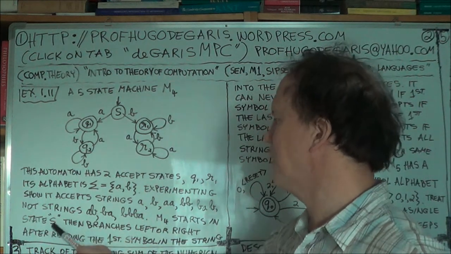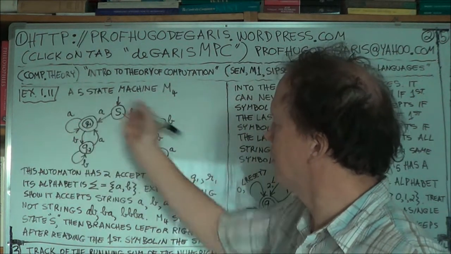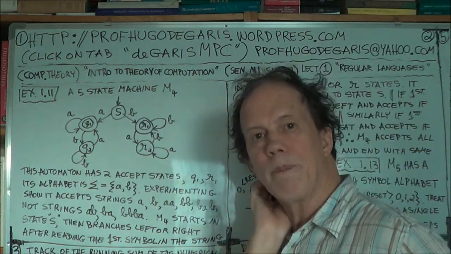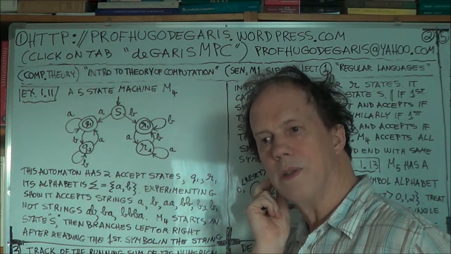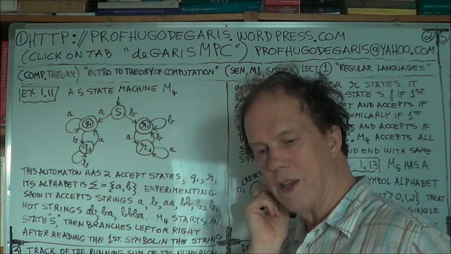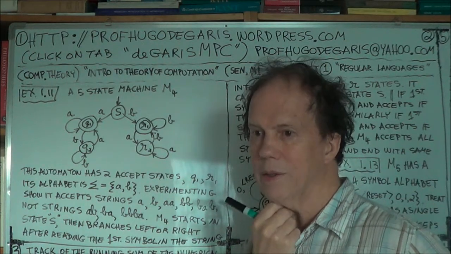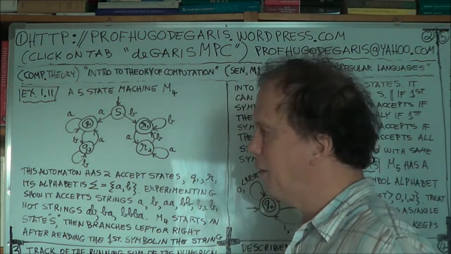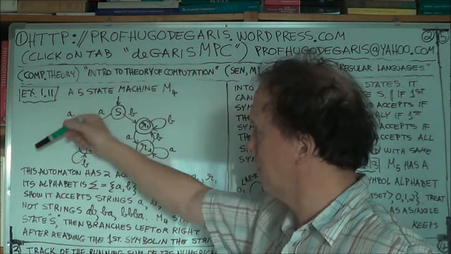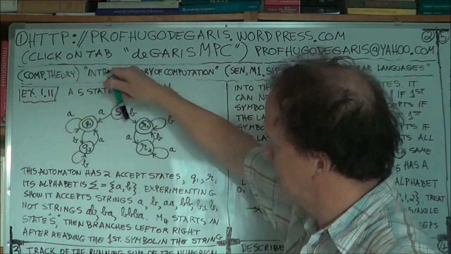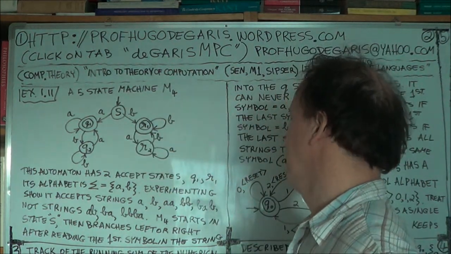So it starts in state S here, and then it will branch left or right, depending on the first symbol in the string that it sees. Now, the alphabet of the string is just A or B. So that first symbol is going to be either A or B, right? If it's A, it'll branch left, and if it's B, it'll branch right, to get the next state.